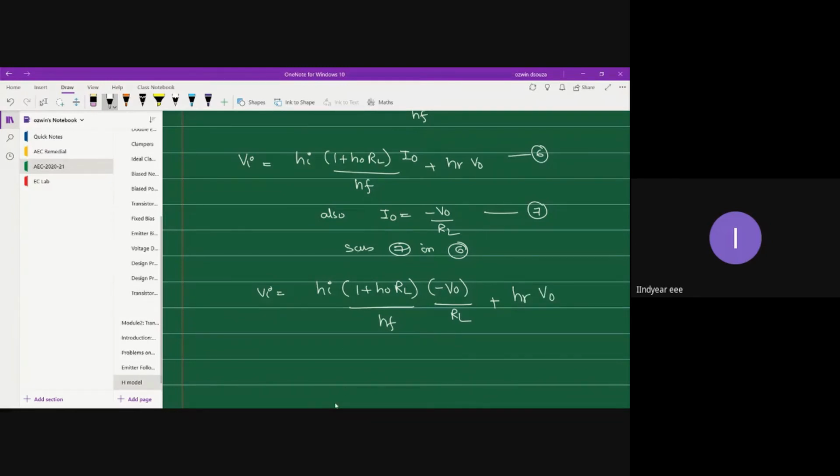Now you can take V naught outside the bracket, because this is common and this is common.